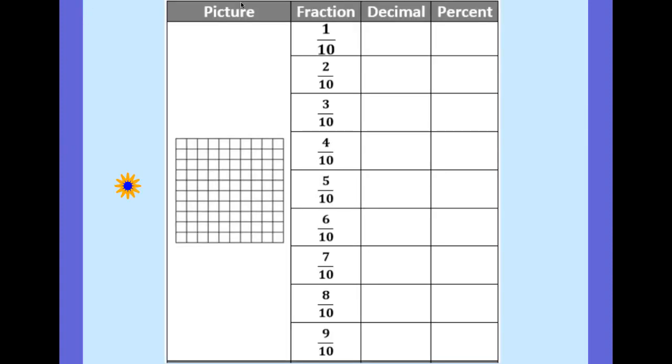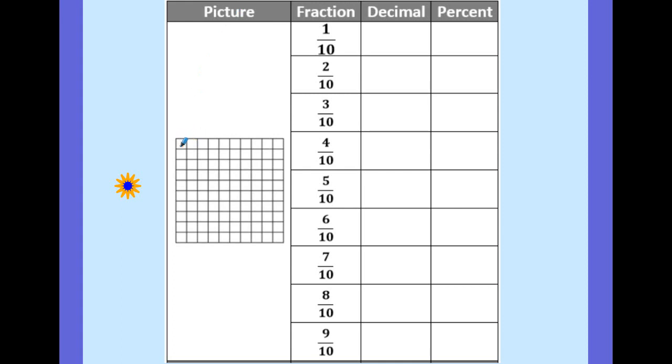Okay, now we're ready to talk about the tenths. As you'll recall in the first video, we were modeling the common benchmarks, the benchmarks that you should know. We would model it in our hundreds grid, and this model also can be used for decimals, percents, and fractions. To model the fraction 1/10, all we're going to do is shade 1 out of every 10.